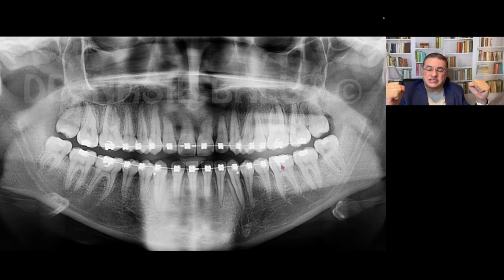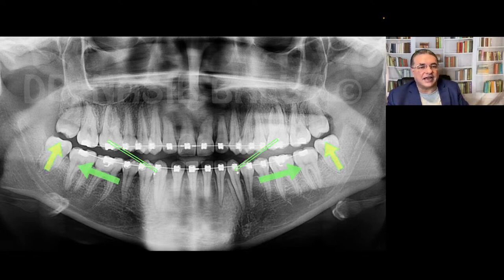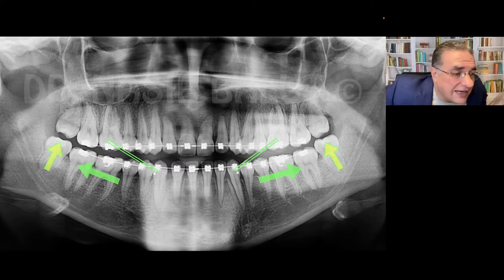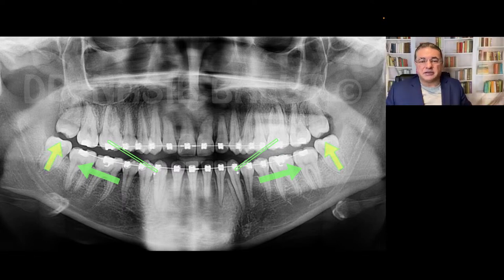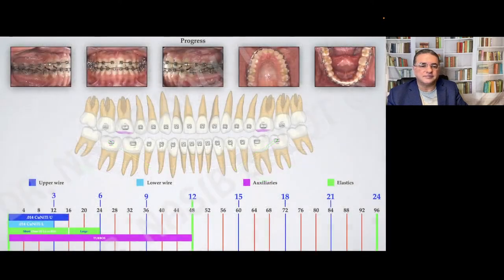But the force, the third molar that is not having a bracket and is against the ramus, what is going to happen to those? They tend to extrude, because of the elastics and the force, the third molars are extruding. So I was not planning to extract them, but since they may cause some interferences, then I decided to extract them.